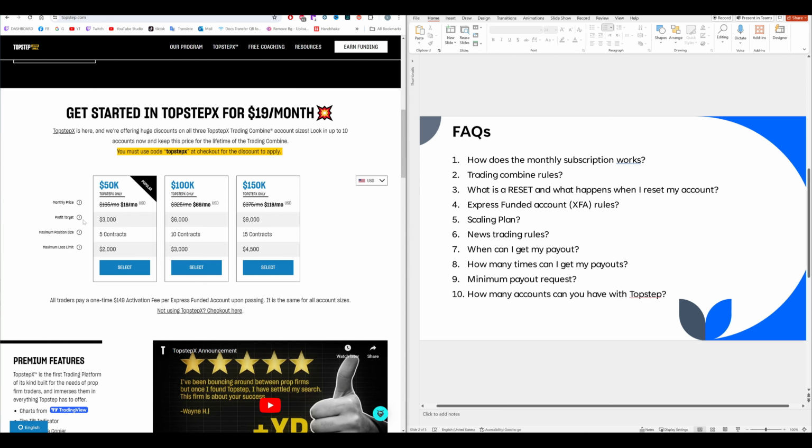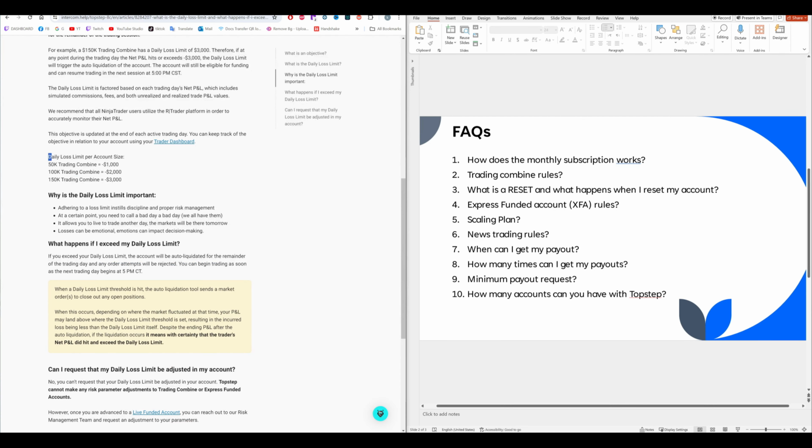On the first page they show you the profit target, the maximum number of contracts you're allowed to use per account size. They also mention on the first page the daily loss limit. Every account has a daily loss limit.